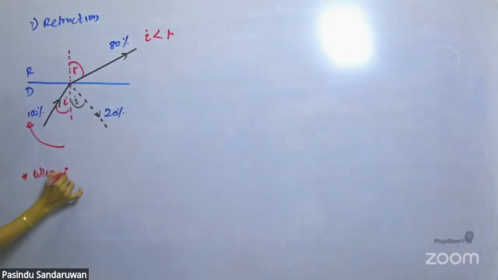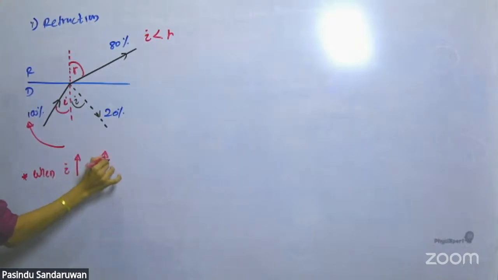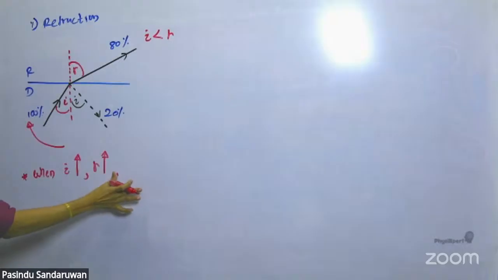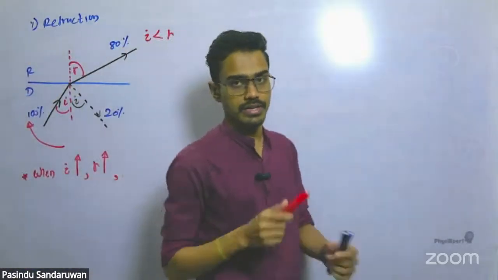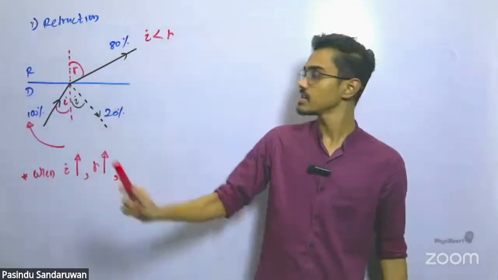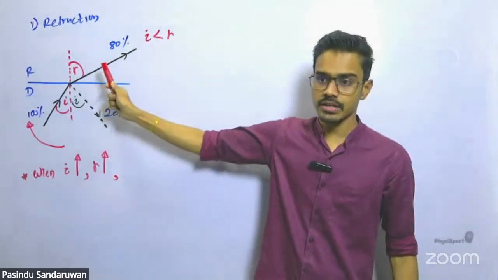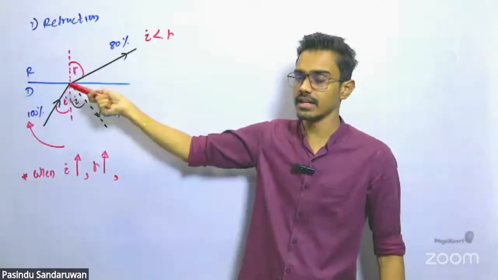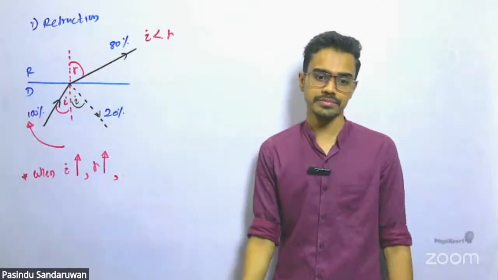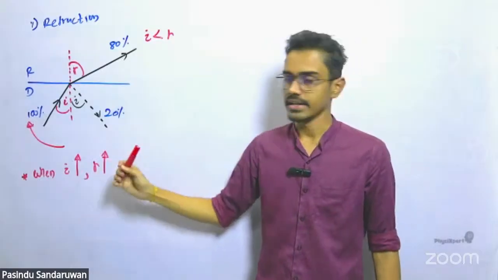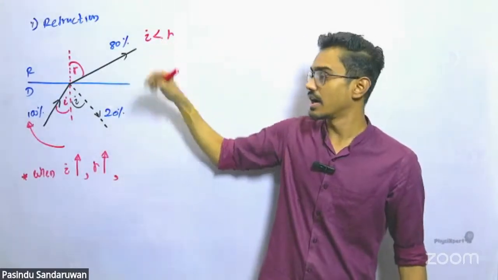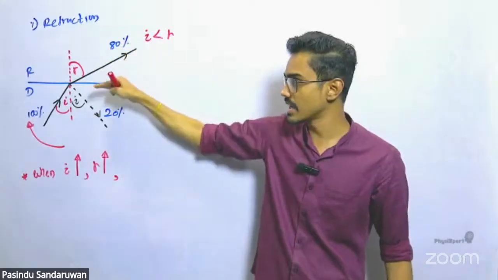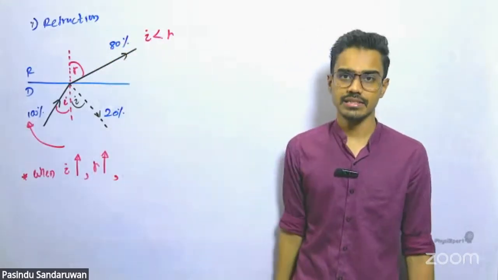Since R is greater than I, R reaches 90 degrees, a right angle, before I reaches a right angle.